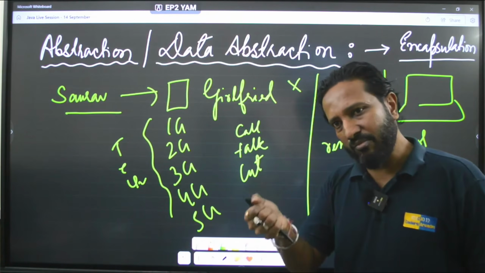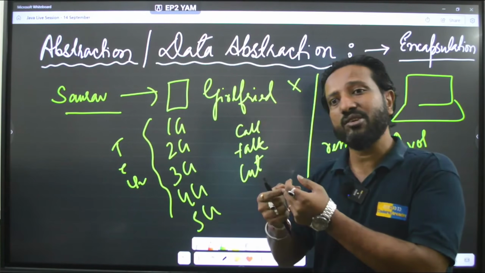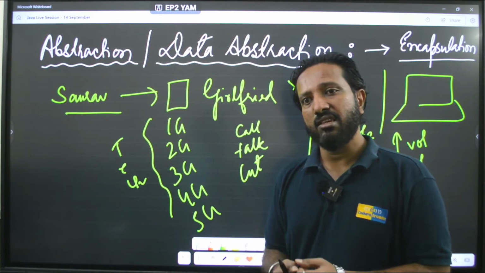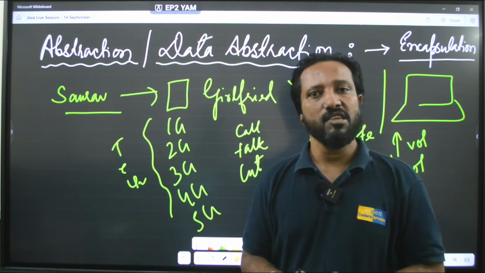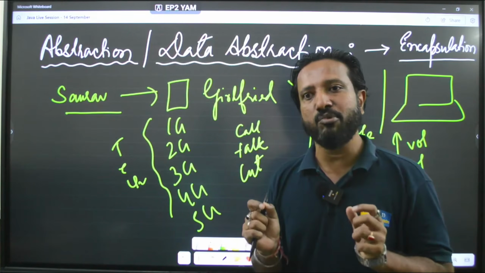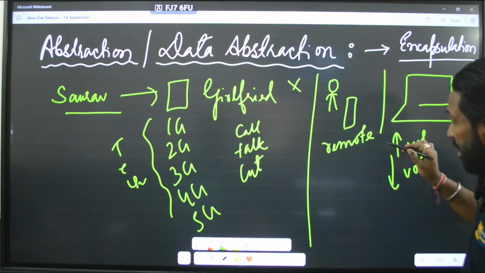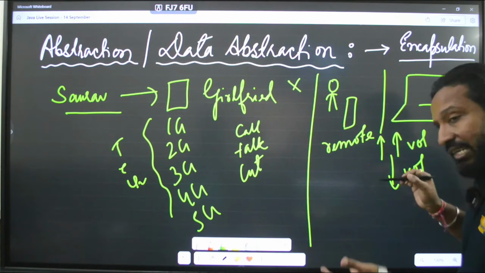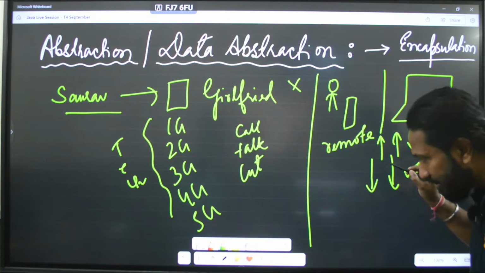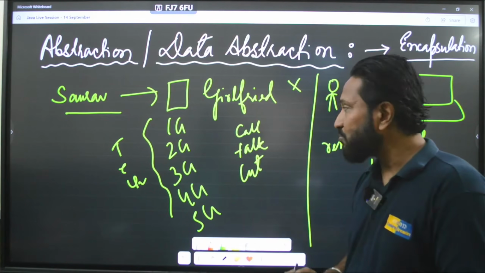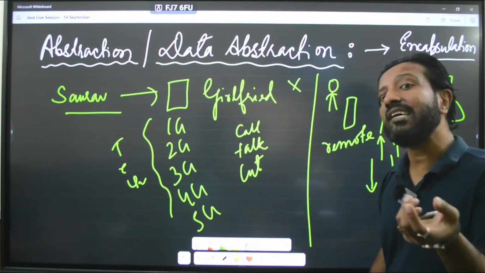When you press the remote, are you bothered about what technology you are using? Are you bothered? You were absolutely least bothered about that. You were just focusing on what? Turning up the volume or reducing the volume. That's all. Correct. Then what is actually happening here?